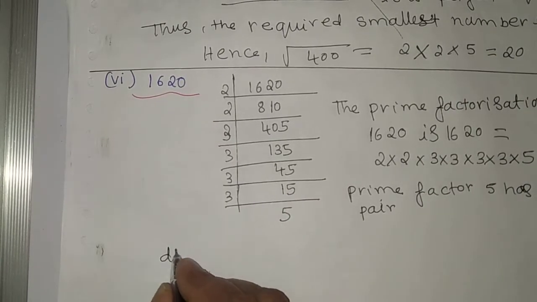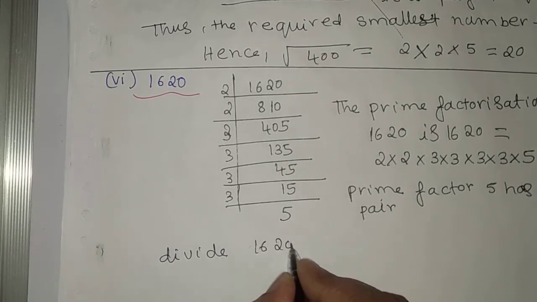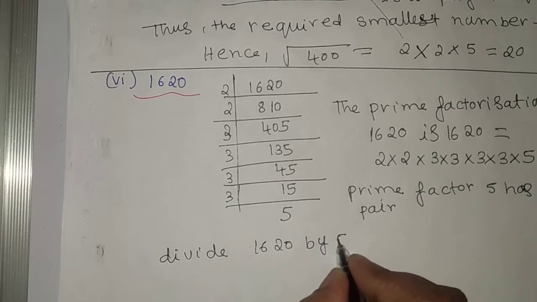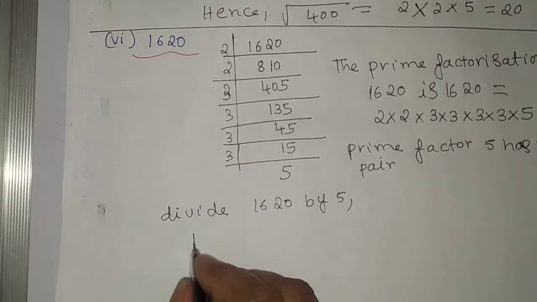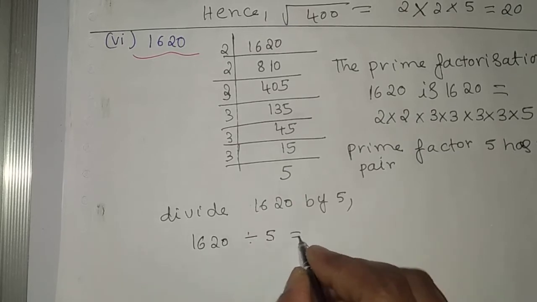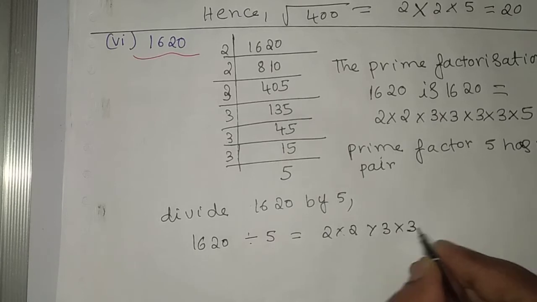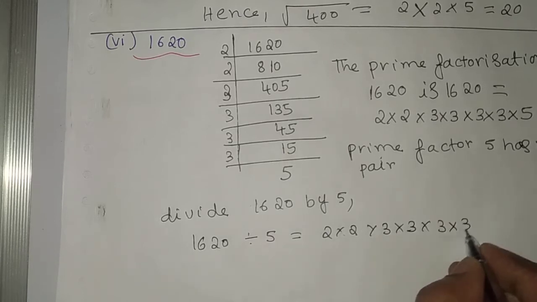Next step is divide, that is, what is the number? 1620 by 5. Then what we get? That is 1620 divided by 5 will be 2 into 2 into 3 into 3 into 3 into 3.